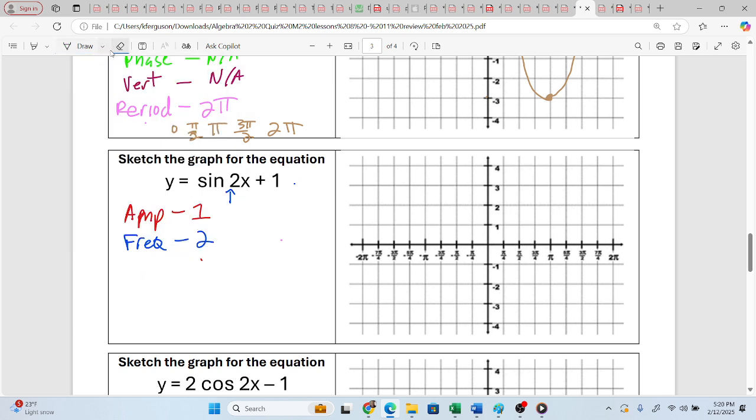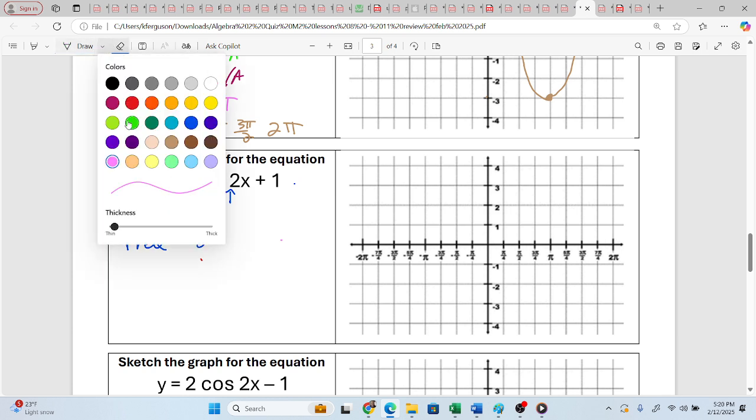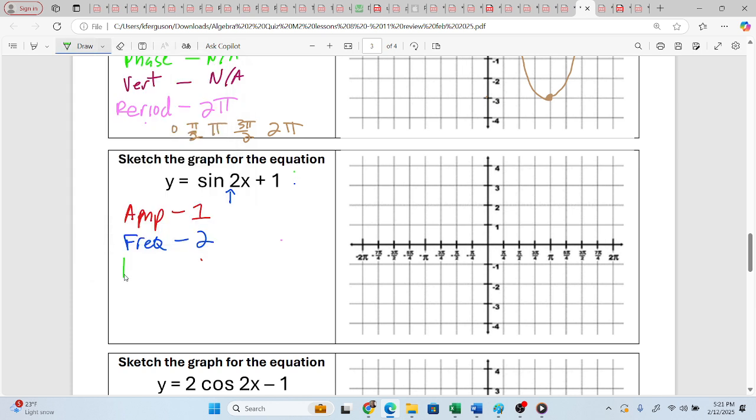You know what? Since I'm erasing it, let's just stay consistent and go to phase shift next. So what's the phase shift? It needs to be the value that's being added or subtracted to x, and then multiplied by the frequency. Well, because there's just 2x here, that means the frequency got multiplied by x, and no other number.